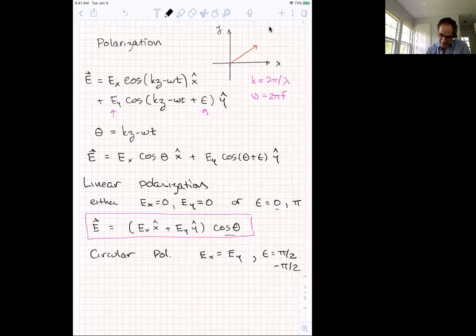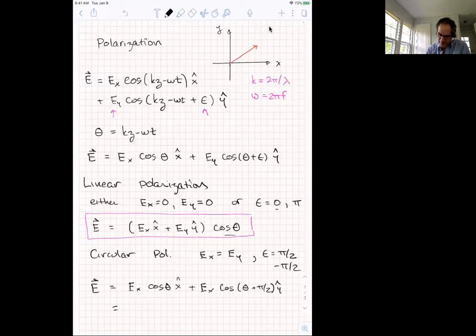So in this case, the total electric field would be Ex cosine theta in the x direction plus, well, it's the same amplitude, Ex times cosine of theta plus pi over 2 in the y direction.